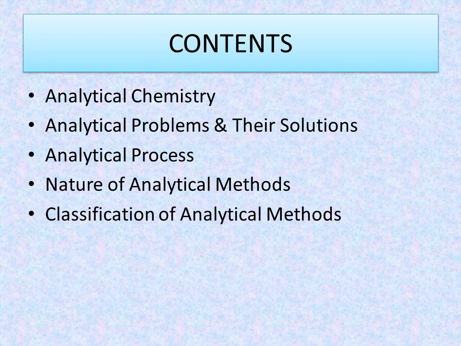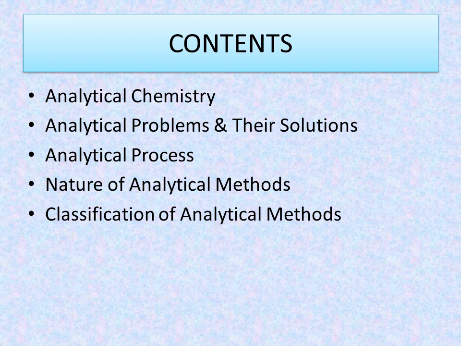Then we'll see the analytical process, means what steps take part during a whole analytical process. Then we'll see the nature of analytical methods. Definitely there are different types of analytical methods, so what types of those methods are. And we'll also see in the end the classification of these analytical methods.